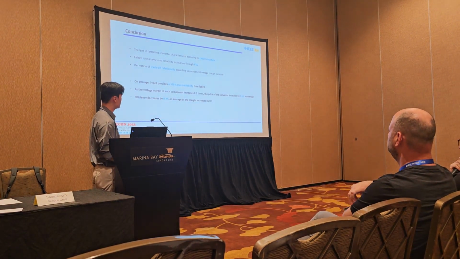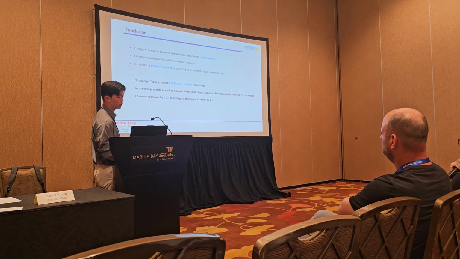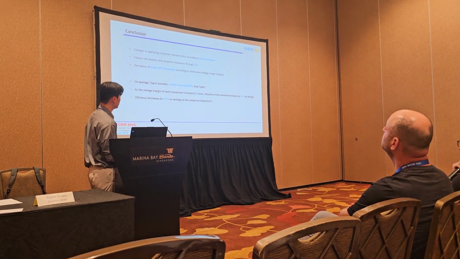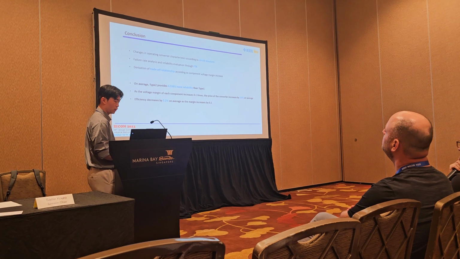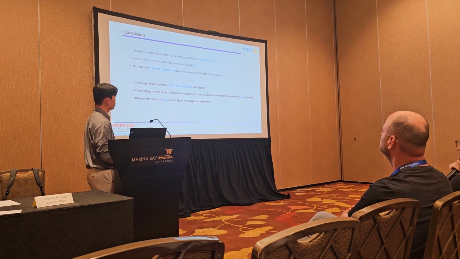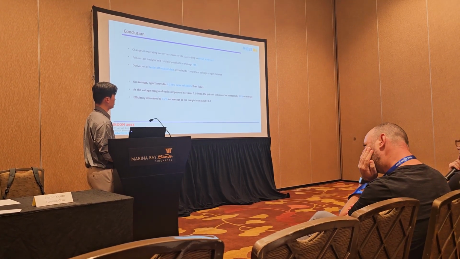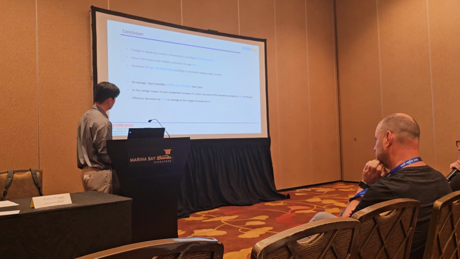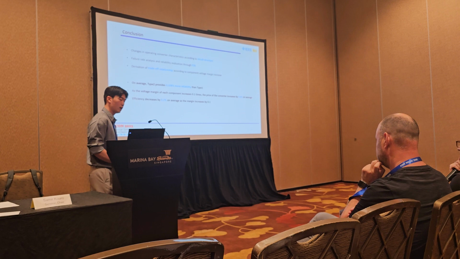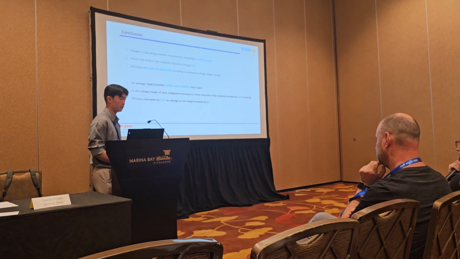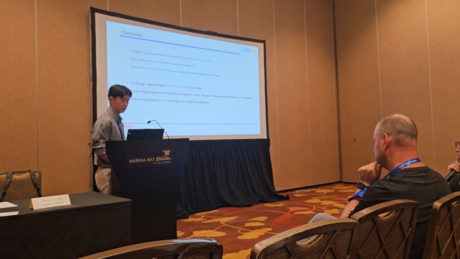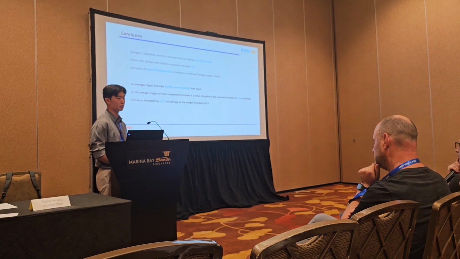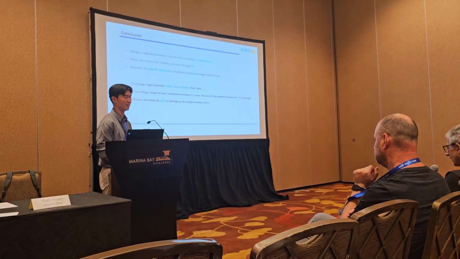And when the voltage margin was increased by 0.1 times, we found that on average the converter price increased by 3.6% and efficiency decreased by 0.2. Lastly, I hope this study can be helpful for reference during the converter design process. Thank you for your attention.